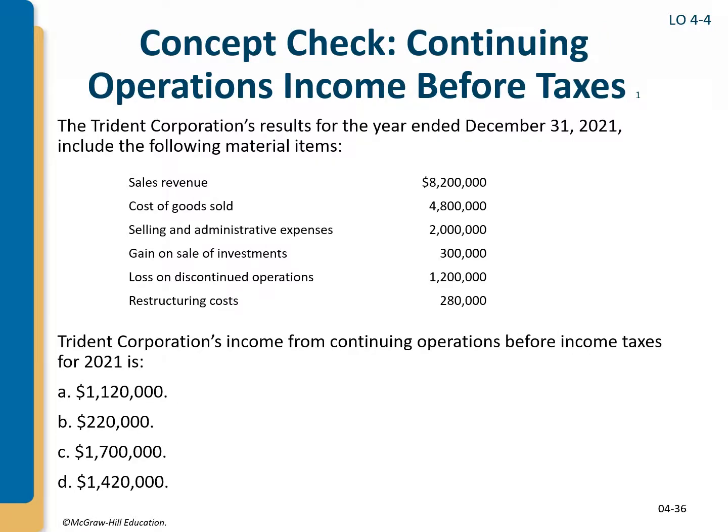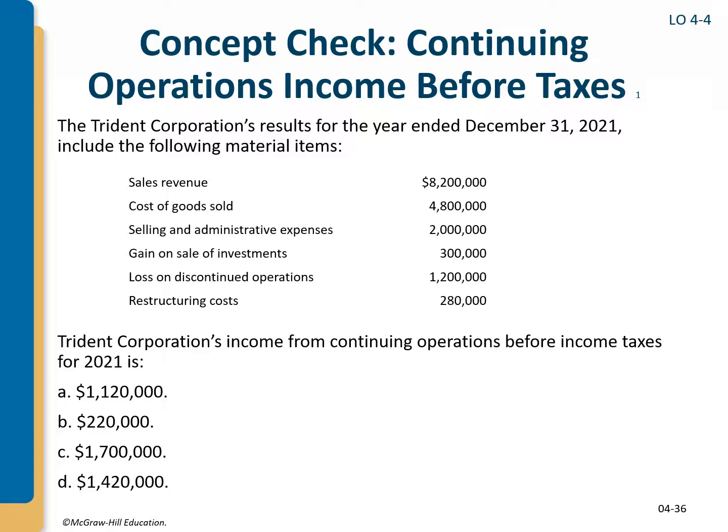Here's another one. Trident Corporation's results for the year ended December 31st include the following: revenues, cost of goods sold, etc. What is the income from continuing operations before income tax? So we'll take the $8,200,000, subtract our cost of goods sold of $4,800,000. That gives us our gross profit. Then we're going to subtract our $2 million in selling and administrative, and our $280,000 in restructuring.